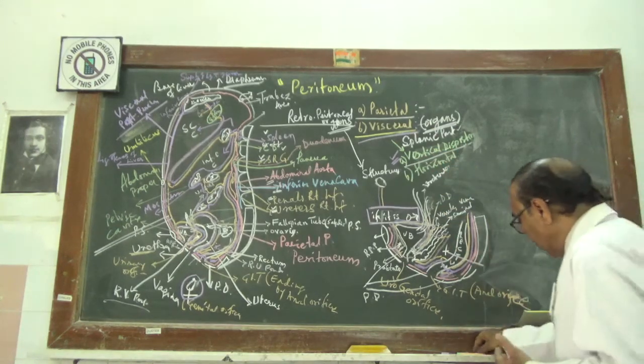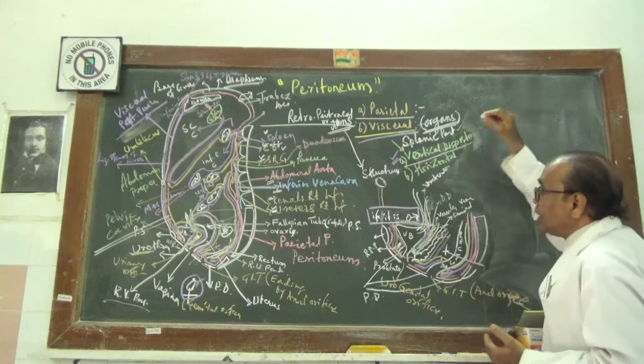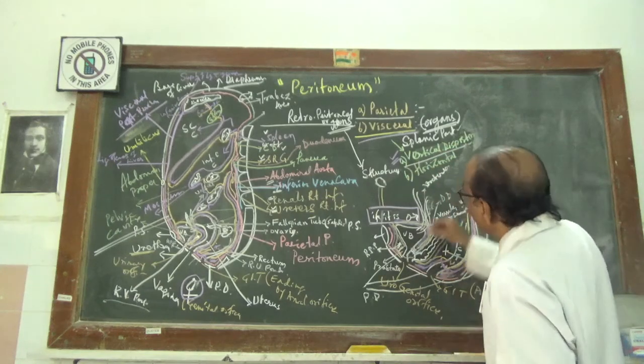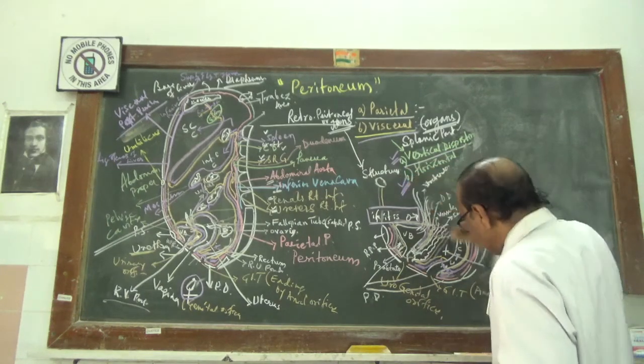Now we will go to the horizontal disposition of the visceral layer of the peritoneum.